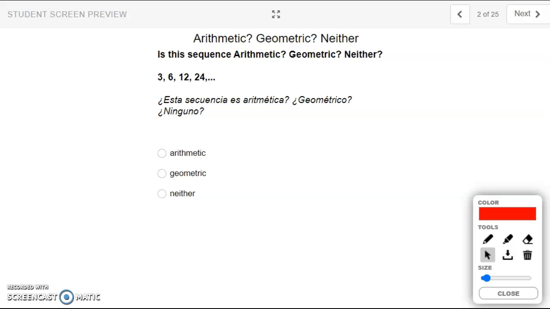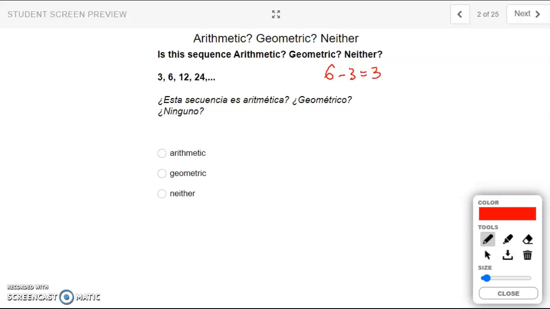What about this one? Okay, so to figure out if it's arithmetic, geometric, or neither, let's see if it's arithmetic. So you get a number and the next. Okay, so I am going to go from the next, which is 6, and take away the previous, which is 3, and I get 3.